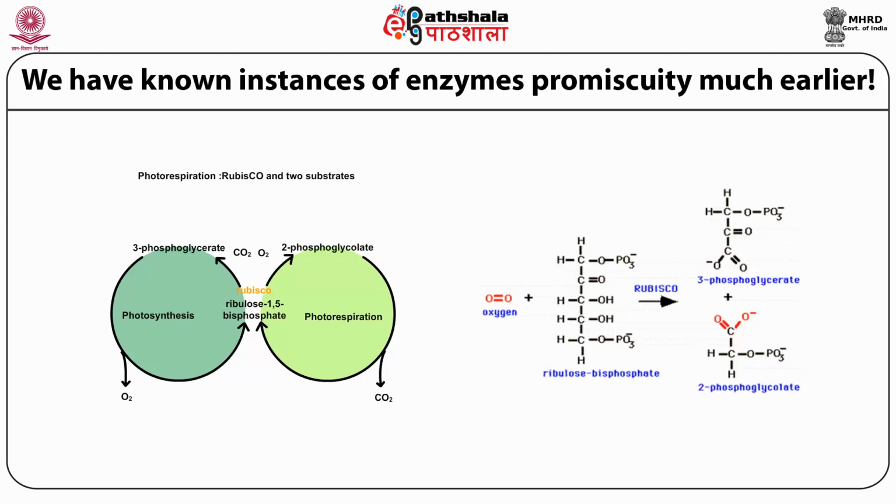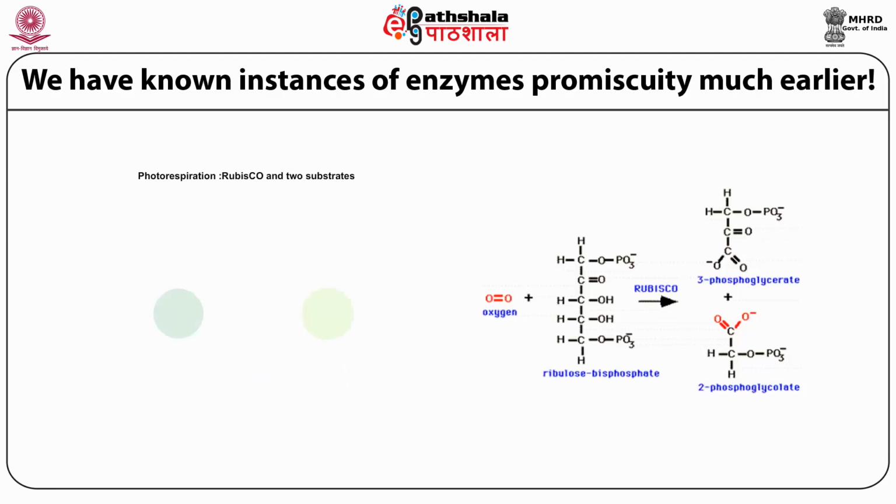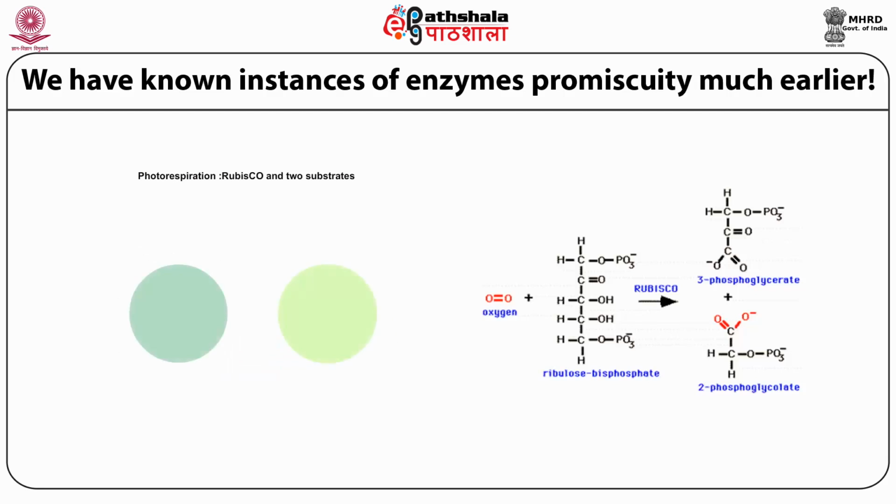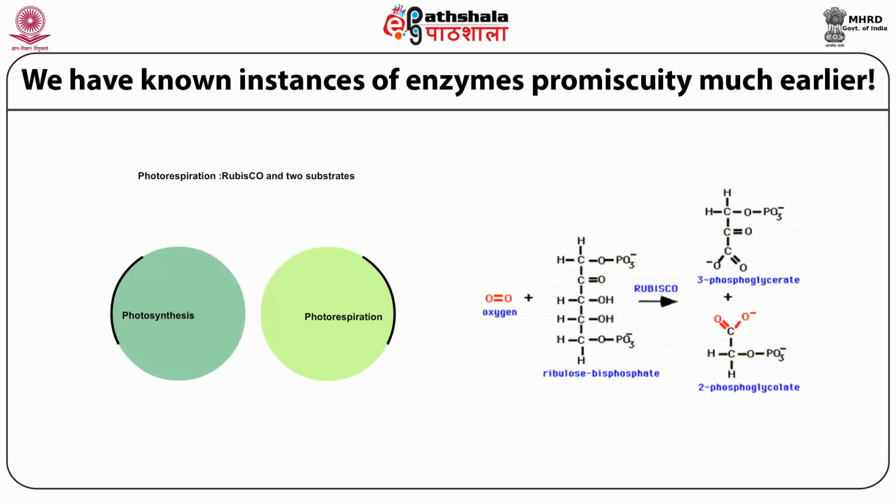It is believed that when Rubisco evolved, there was no oxygen in the atmosphere. It seems that later on evolution did not correct for this accidental promiscuity, which leads to photorespiration. It is worth noting that carboxylase and oxygenase activities are two different reaction types and have different EC numbers.